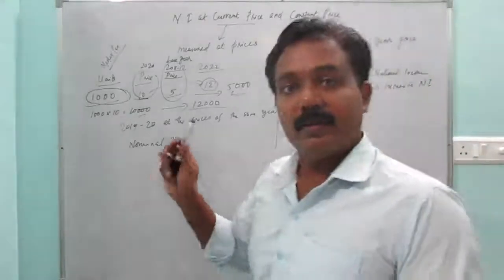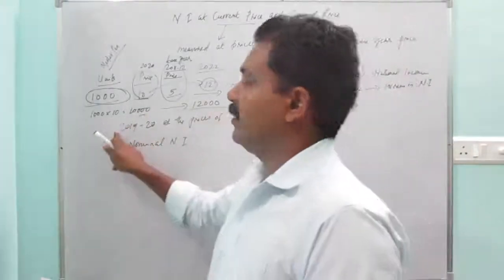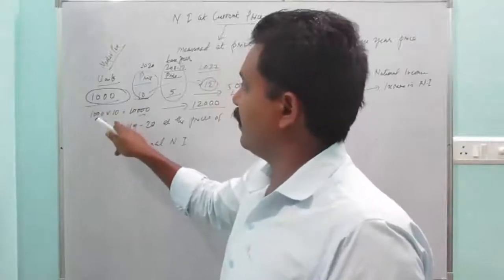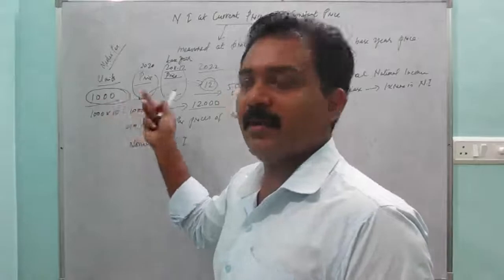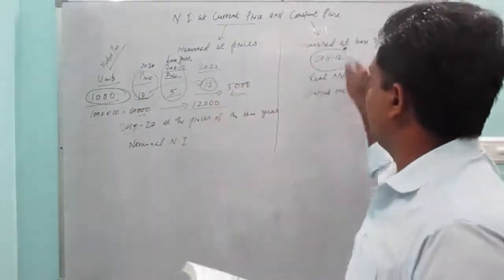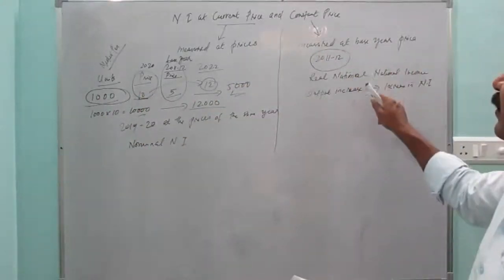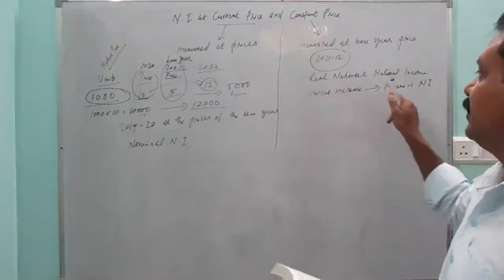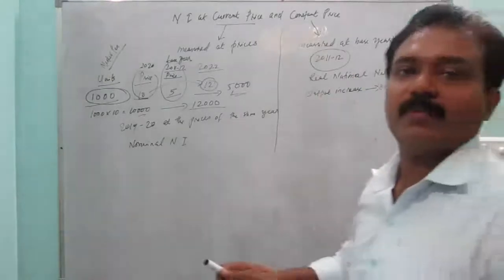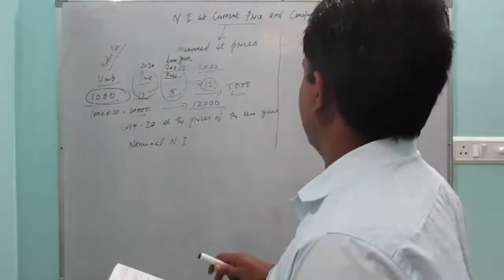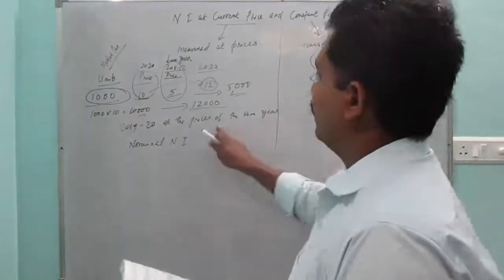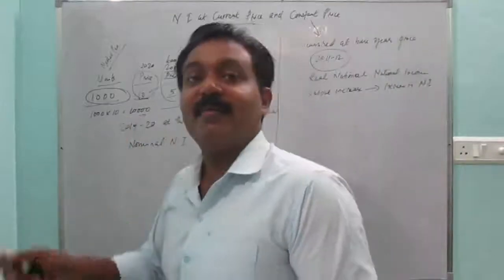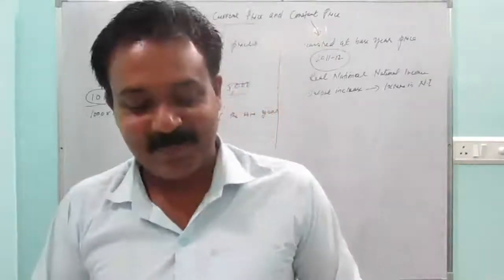Understood? But in the other case, if any factor increases, there will be change in national income. However, here only the output can bring real change to national income. That's why it is called real national income. Here with inflation nothing will work. There, with inflation, everything will work.